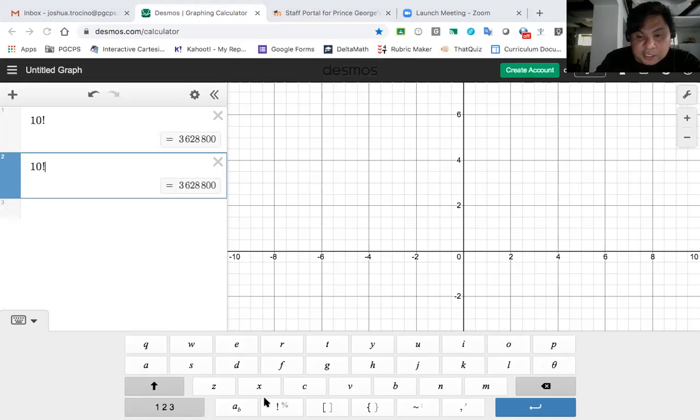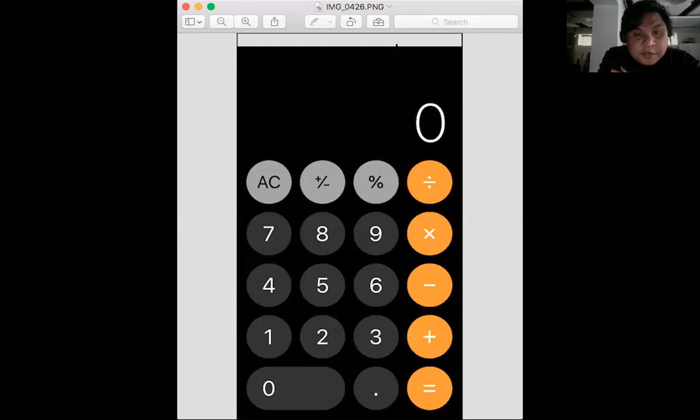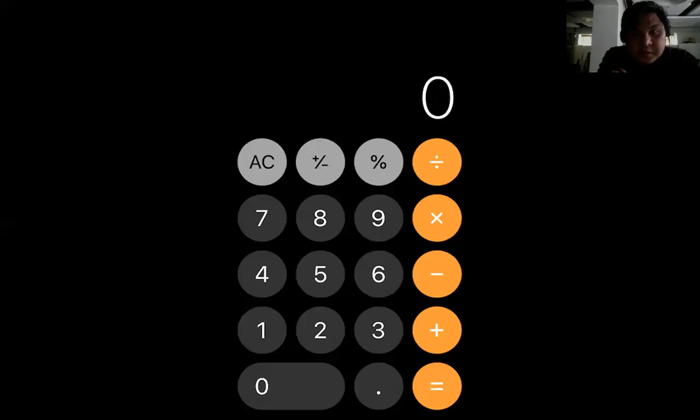Let me just access. So the usual phone view, for at least an Apple phone, looks like this.